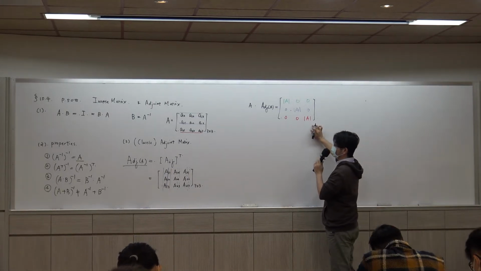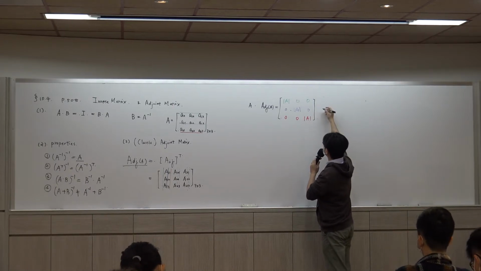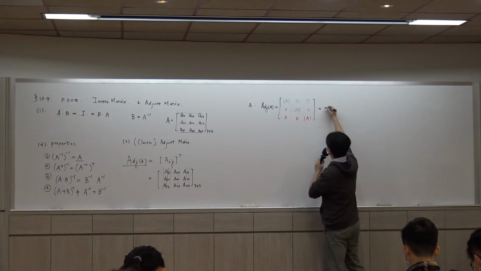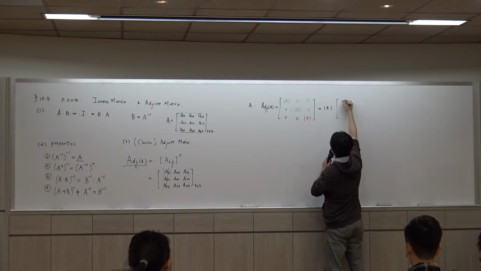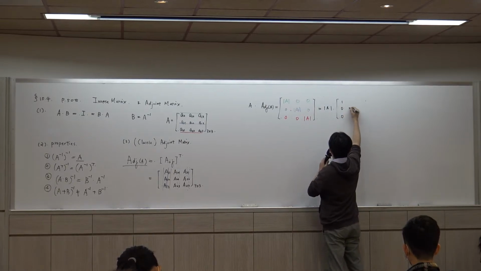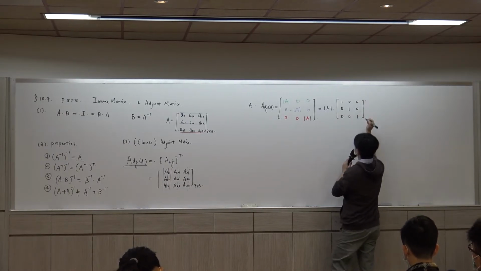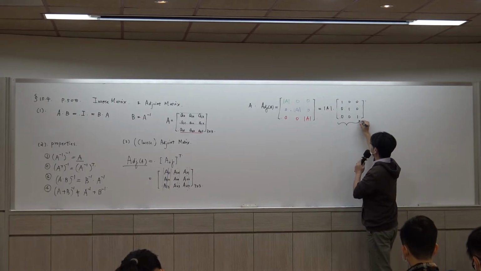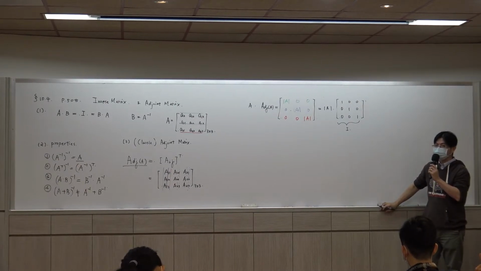So we can have these results, and we notice that we can rewrite it with a common factor. Like this. So this one is a unit matrix, right?